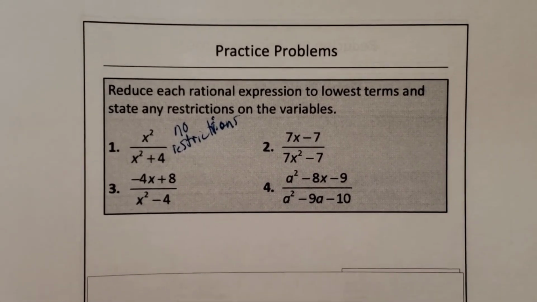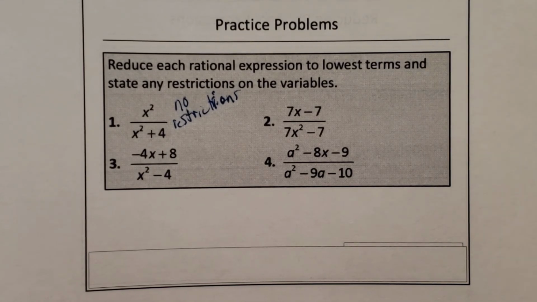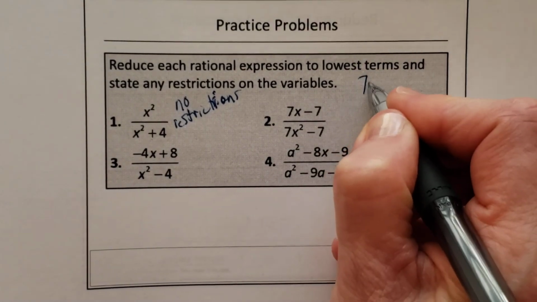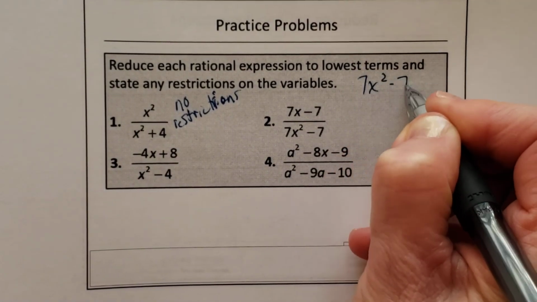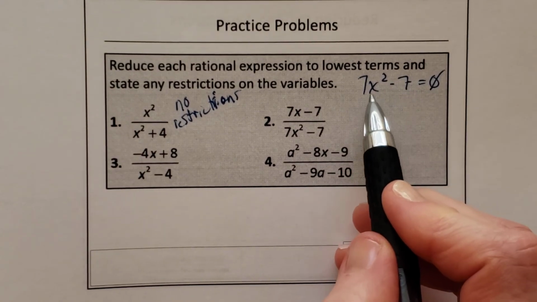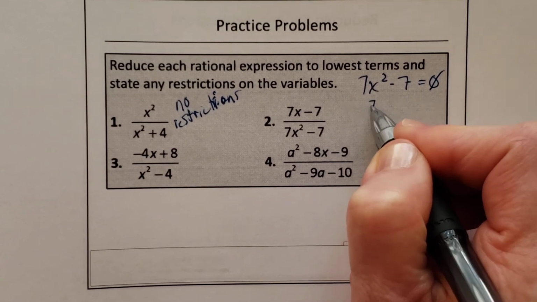All right, number 2. The first thing I want to do is see what the restrictions are. So I take my denominator, 7x squared minus 7, and set that equal to 0. What can I divide both of these by? I can divide them both by 7.